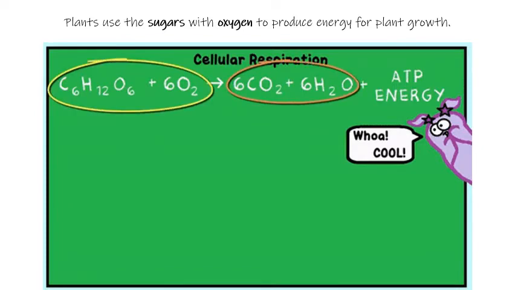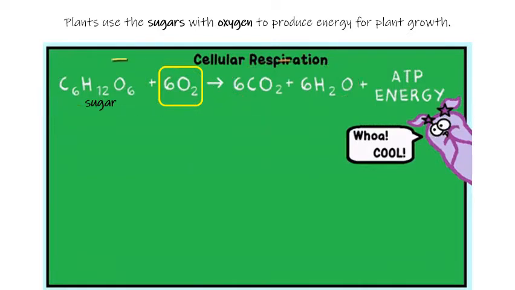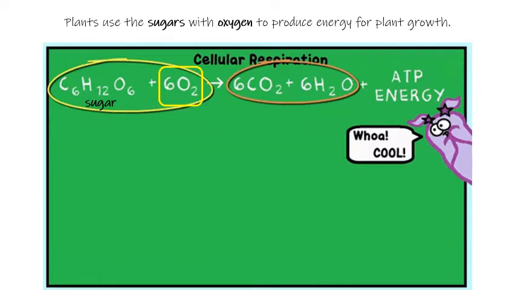Where does this energy come from? It comes from putting together sugar and oxygen. So, plants have the sugar, they made it by photosynthesis. They take oxygen from the air. When do organisms take oxygen from the air?